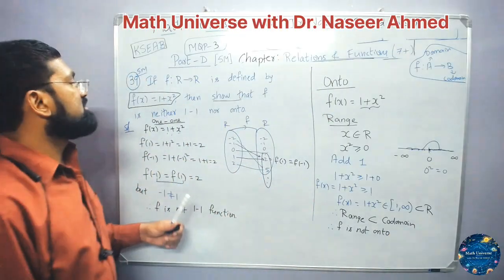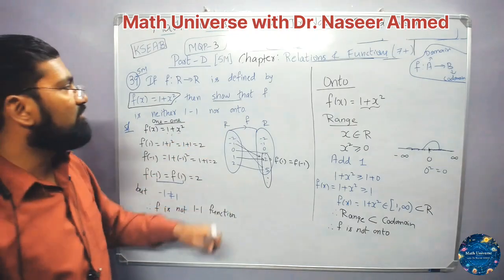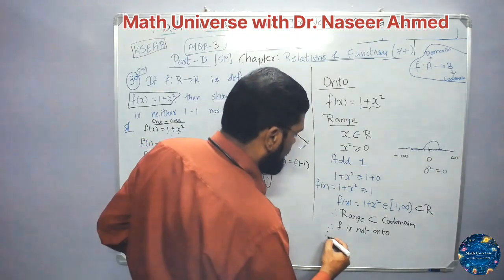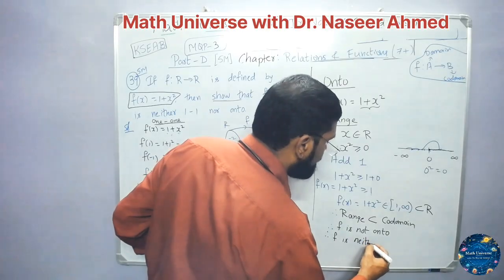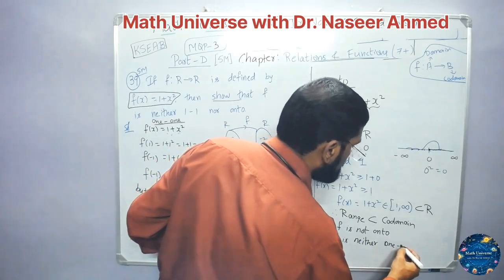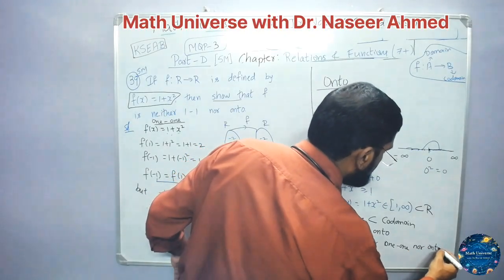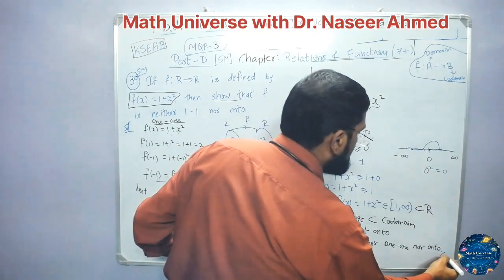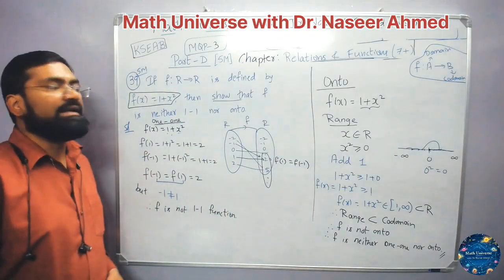So f is neither one-one nor onto. That's what they asked. Yes, we have got it. Therefore f is neither one-one nor onto. So with this, the question of 5 marks is completed.